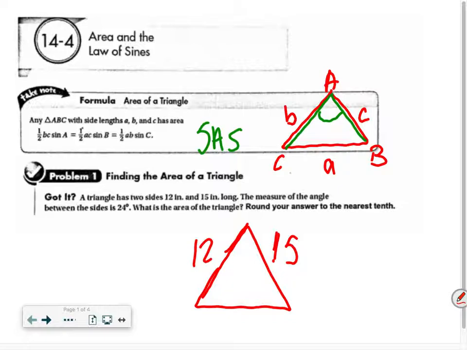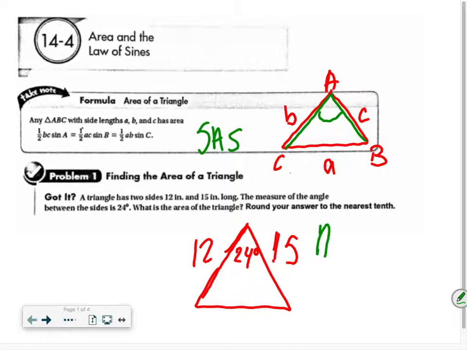The measure of the angle between the sides is 24 degrees. So wherever your sides are, in between them we're going to mark our 24 degrees. Are we good with the setup? Do I have side, angle, side? Yes, so then my formula works.